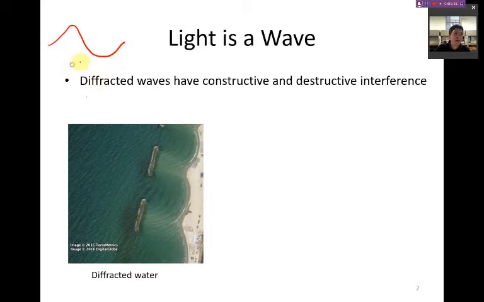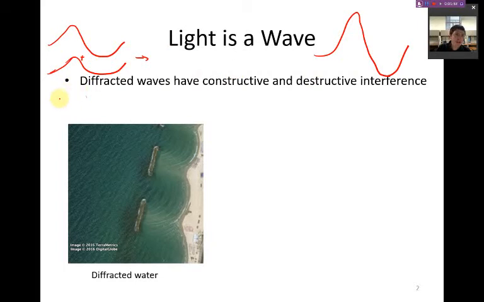If we add it together with another wave and they're in phase with each other, then what we would get is an even larger peak and an even deeper trough. That's not really to scale or the best drawing, but the idea is that we've added these together and we've made a larger wave.